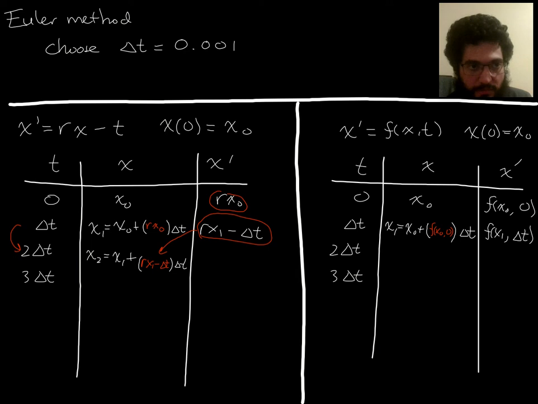And in general, what's happening is new x equals old x plus rate of change times delta t, where this is the rate of change. So this is going here.